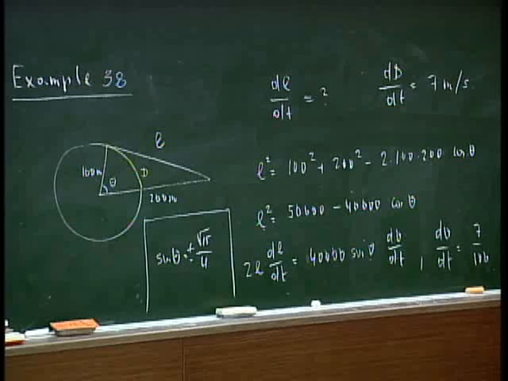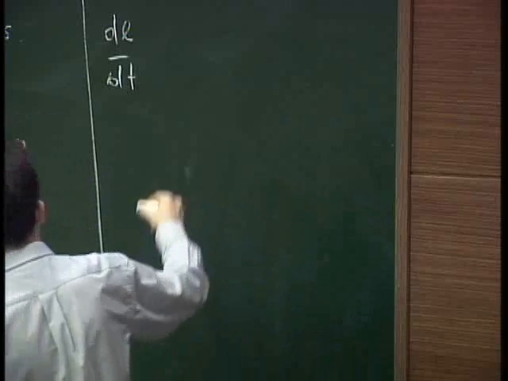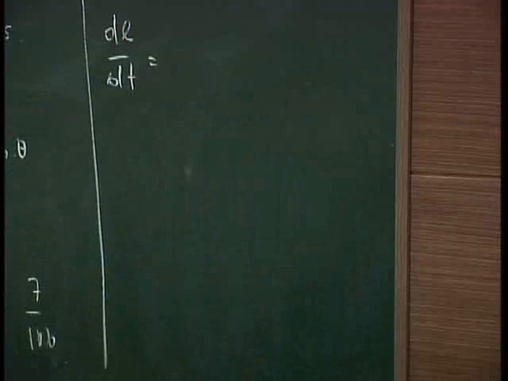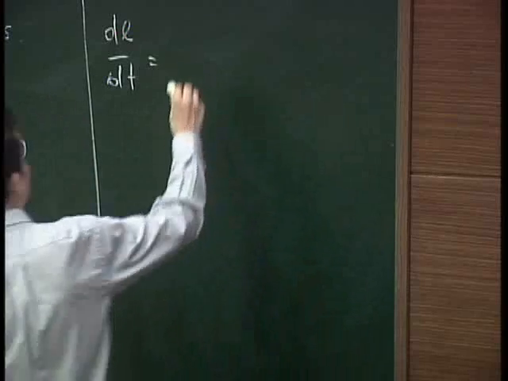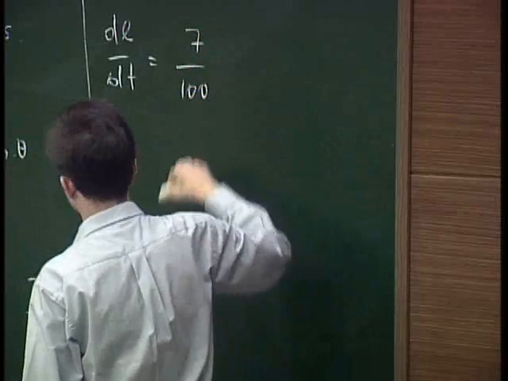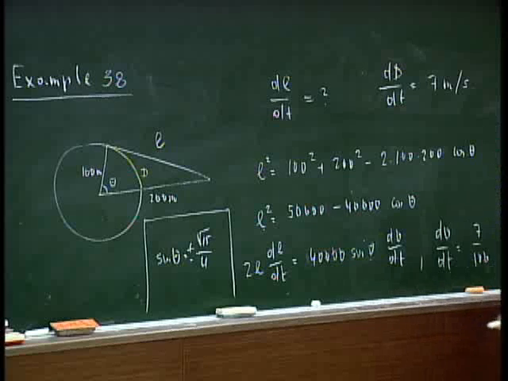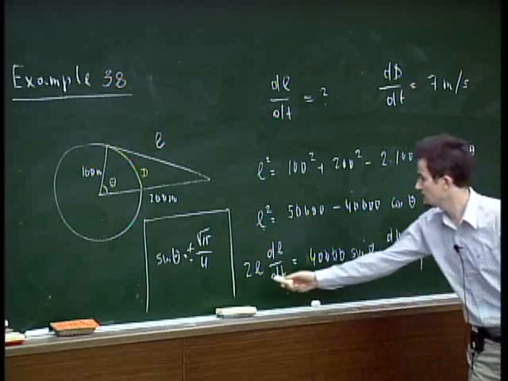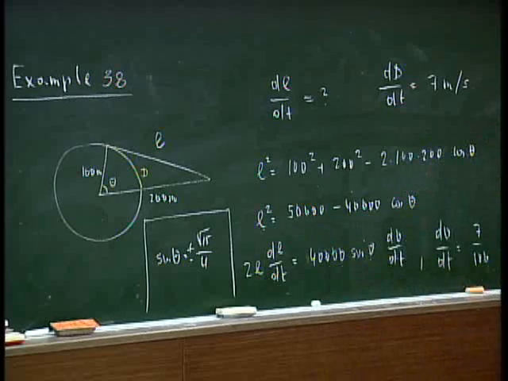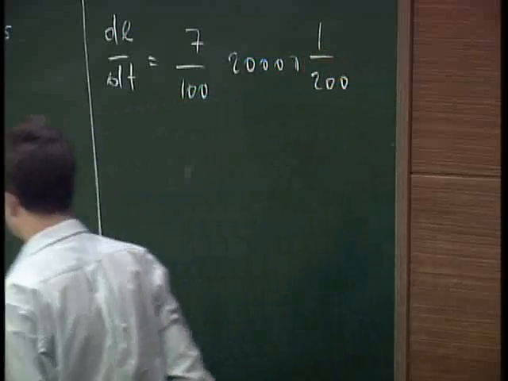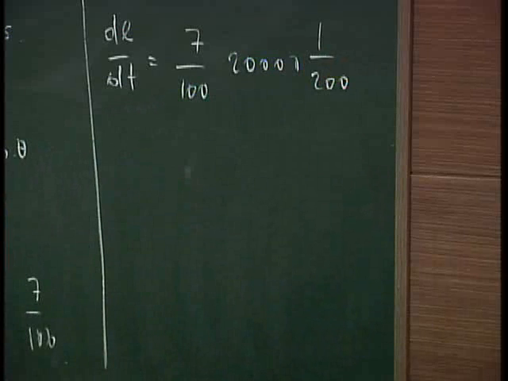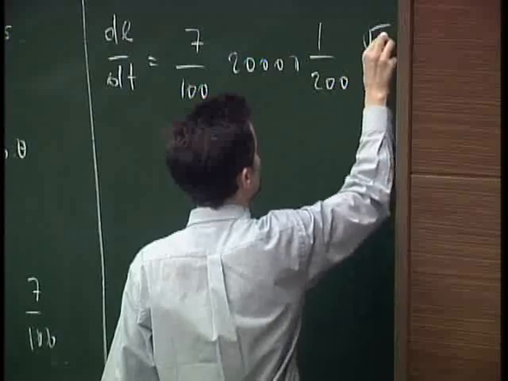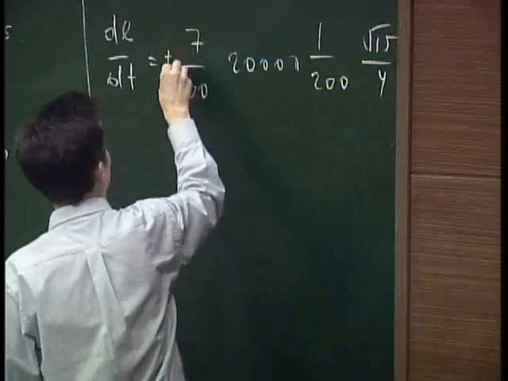dL over dt is equal to, okay, so I have here 7 over 100, I have here 20,000 if I divide by 2, the L is 1 over 200, and I have the sine of theta, which is the square root of 15 over 4, and I have also here plus minus.